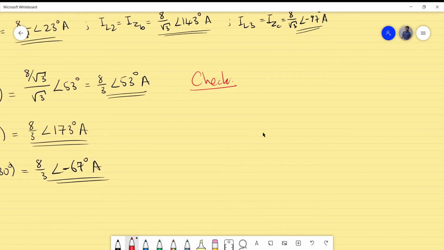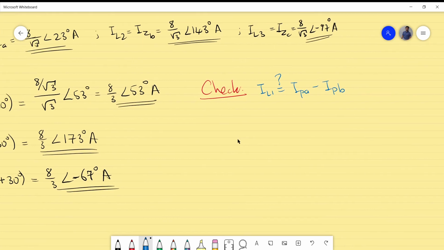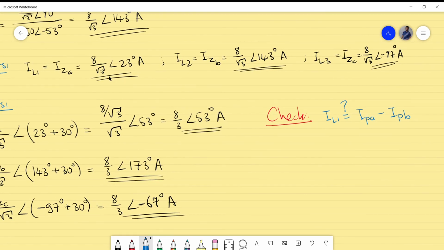Is IL1 equal to I phase of A minus I phase of B? Now what did I have? For IL1, which is shown here, I had 8 divided by the square root of 3.